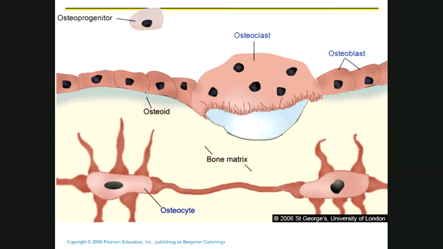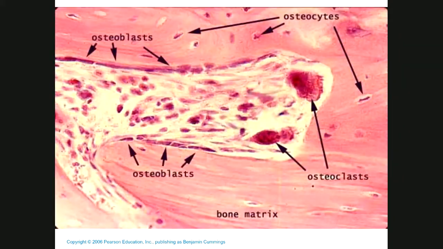Does everybody understand what each of these do and why they're called their names? What do osteoprogenitor cells do? What do osteoblasts do? What do osteocytes do? This is the way you can self-quiz, figure out what's going on. Does it make sense? You should also be able to recognize them.